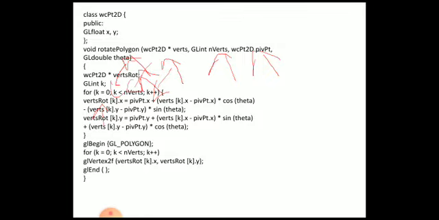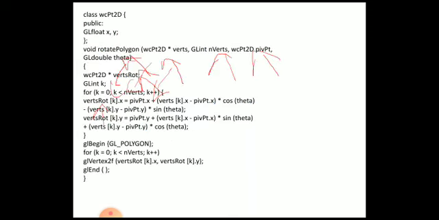Alright, so let me remind you of that equation. This is the equation: x dash is equal to xr plus (x minus xr) into cos theta minus (y minus yr) into sine theta, where x dash is nothing but the rotated vertex. Now xr is nothing but the reference point, in this case it is the pivot point, right?